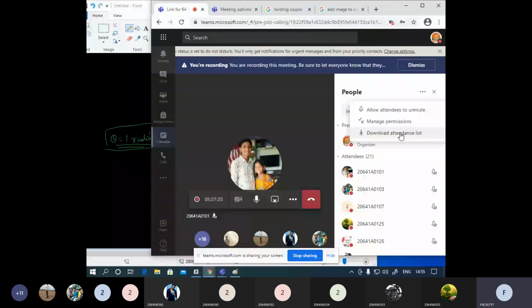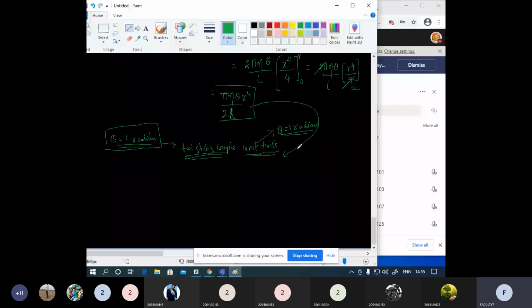Now here, the remaining equation, the resultant equation. So you substitute theta equals 1. Now what will you get? Pi eta r power 4 by 2L. So consider this expression, this value, as C, capital C. What is capital C?